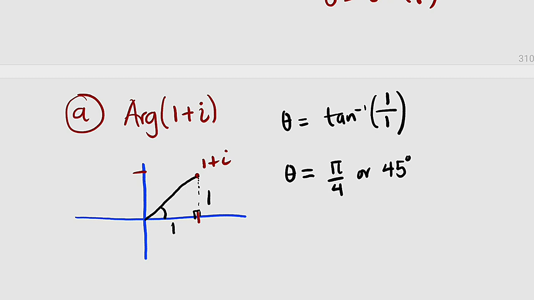You don't even have to apply the formula here, because if you observe, the distance from the imaginary part down to the terminal point, this is the terminal point, is 1. And also from the real part down to the terminal point is 1. So the ratio is 1 to 1, halfway. And you know that the angle here is 90 degrees. If you divide it by 2, you have 45 degrees.